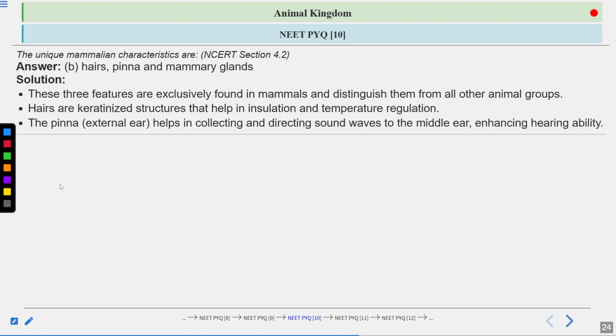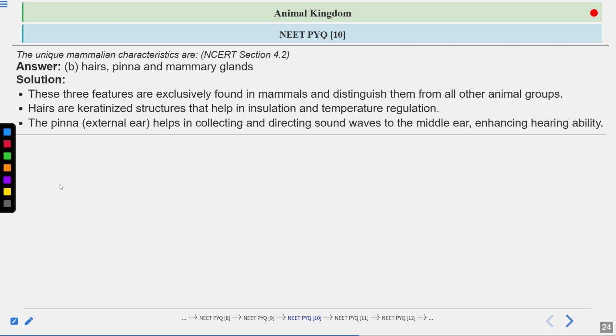The external pinna or external ear helps in collecting and directing the sound waves to the middle ear, enhancing the hearing ability. So you can look at your ears. That part is called the external ear. You can see the different articulations of the cartilage in your external ear.